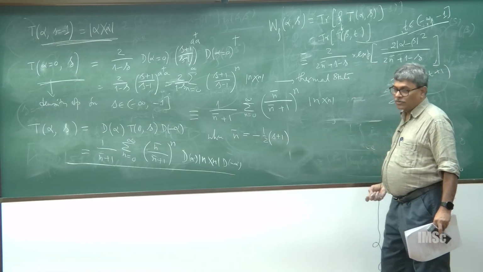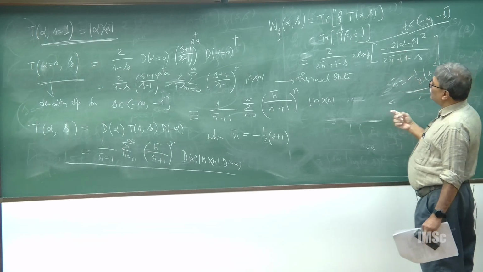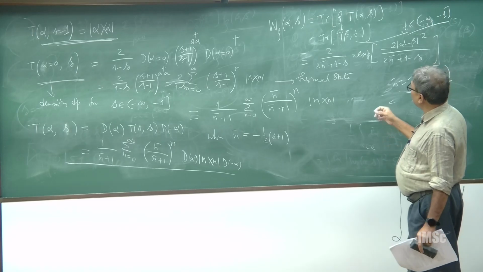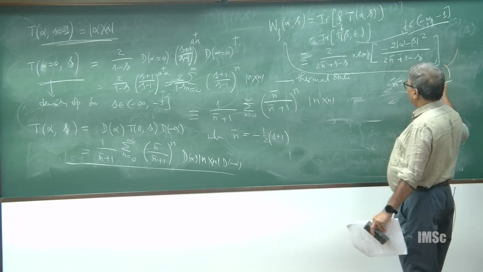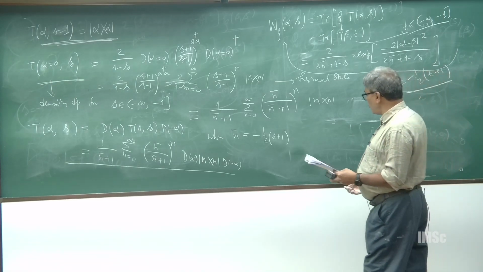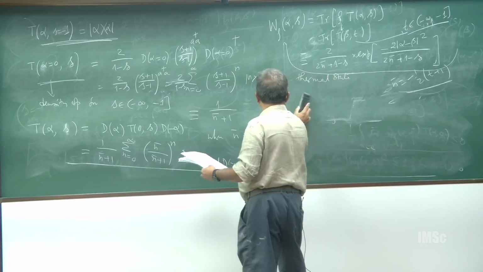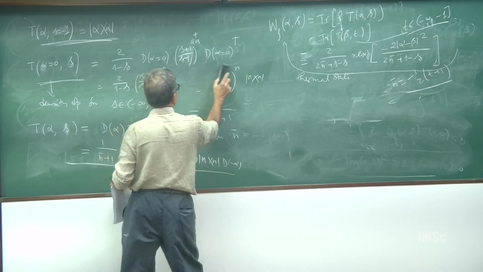So, basically this is your n bar that you have used. Now, this is your s order distribution function, and from here you can figure out the forms. So, let me erase this part. This calculation is not difficult, you can figure it out from here.